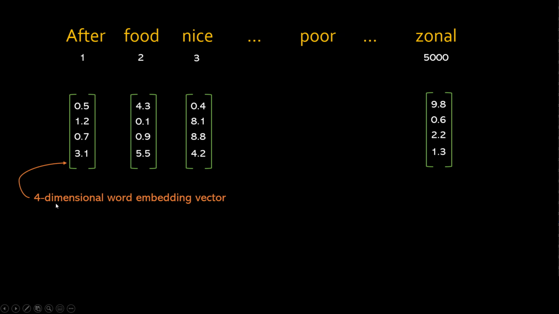It could be dimension 10, dimension 300 is very common. So this is something like trial and error. Let's say for my problem, I want a word vector of dimension 4. And these numbers will be calculated in such a way that similar words will have similar types of vectors.